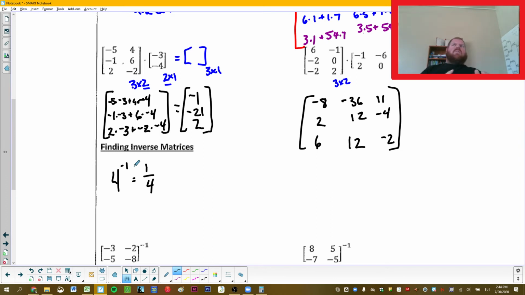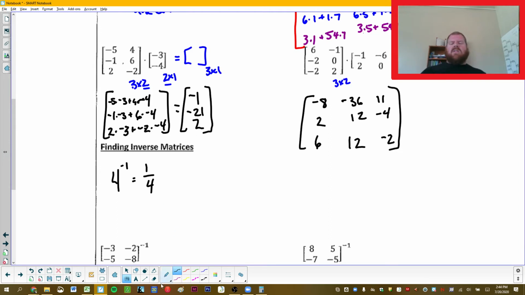But there's multiple inverses. That would be the multiplicative inverse, or the way to undo multiplying by 4. And that's 1 over 4. But when we think of undoing multiplying by 4, we say divide by 4. That's the same as multiplying by 1/4.